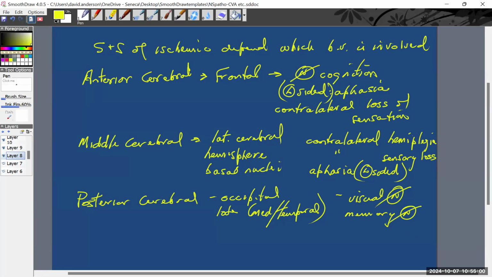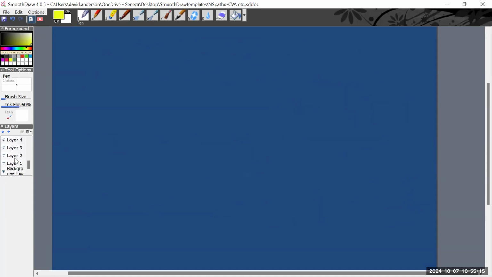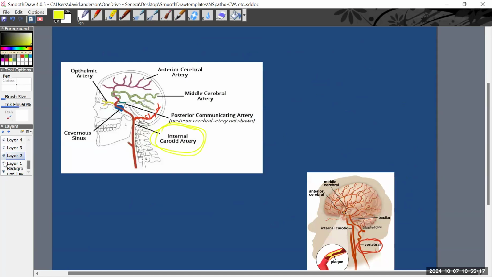And I should mention, this middle cerebral artery is the most common site for an ischemic stroke. Most commonly involved is the middle cerebral, and you can appreciate why. I'll show you at least one of the reasons.